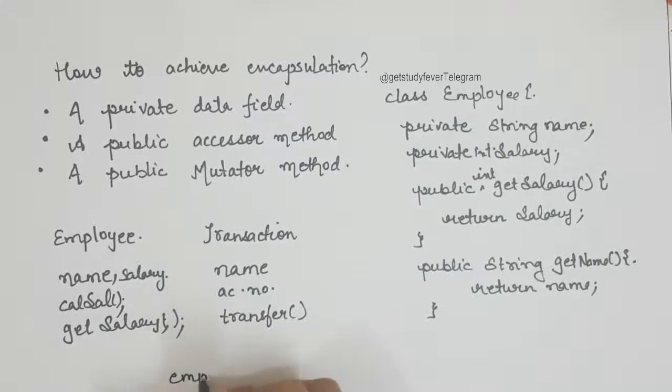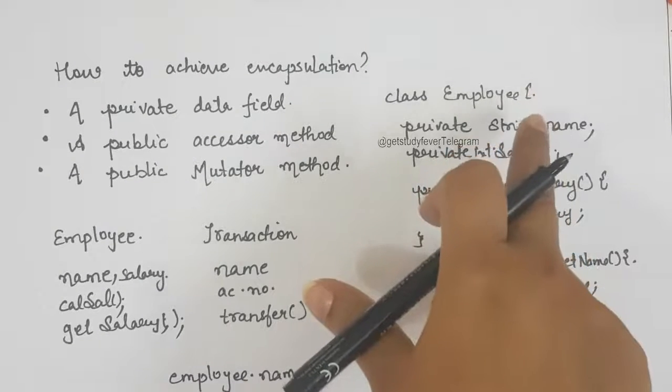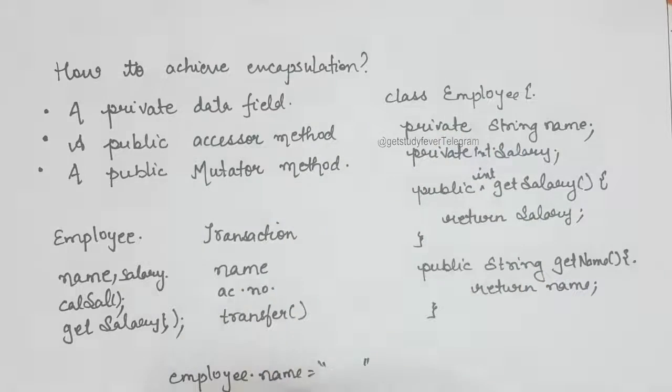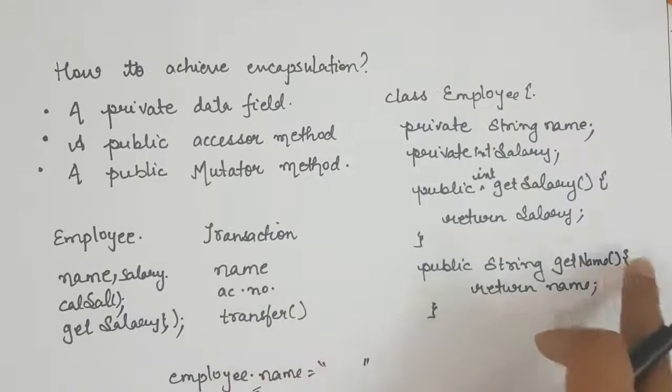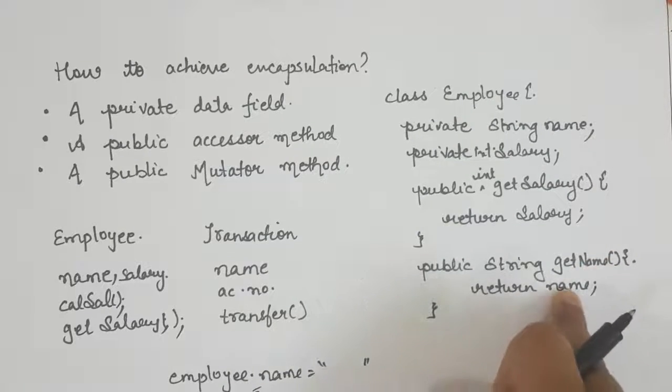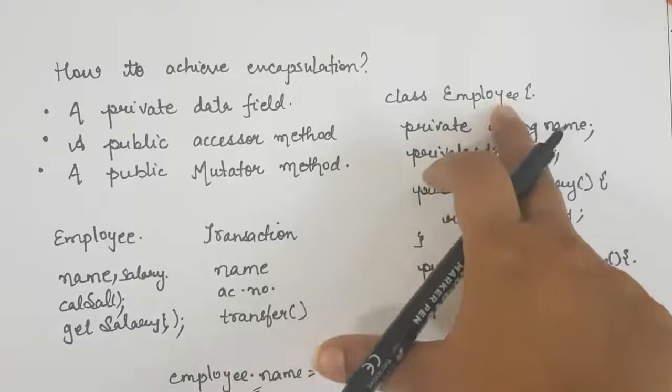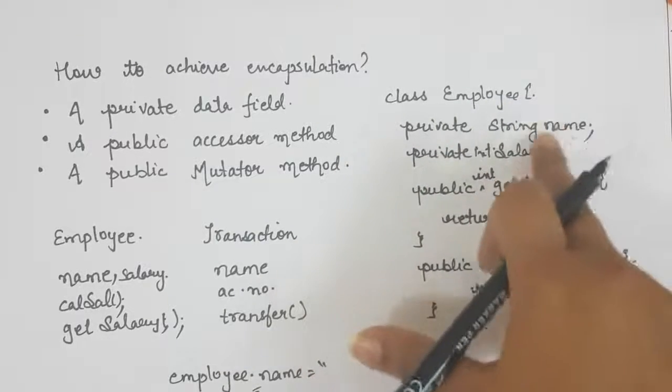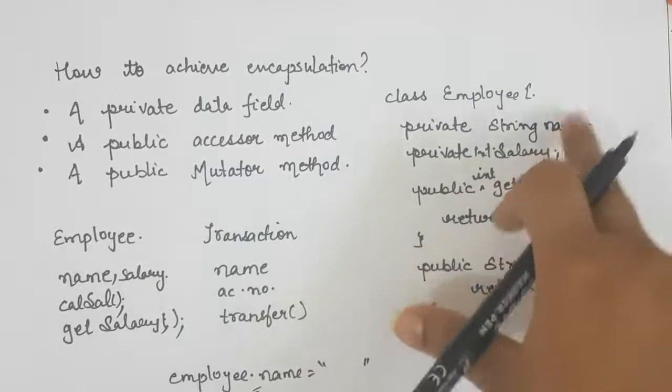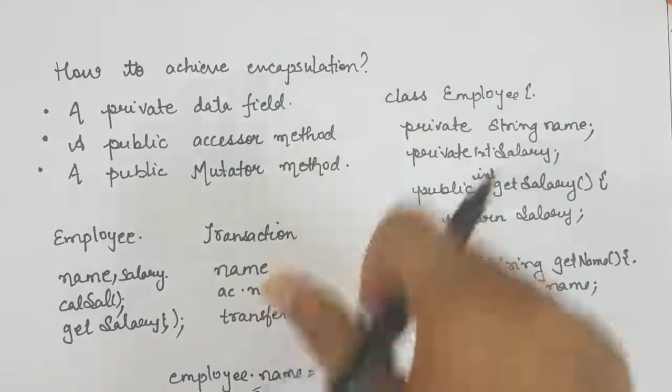Anyone can create an object of employee and do something like employee.name equal to this particular value. But I have made this private, so this is not possible. And in case anyone wants to get the name, the person has to call the getName method. So this employee class has complete control over this name data. This can be changed only by the employee class.